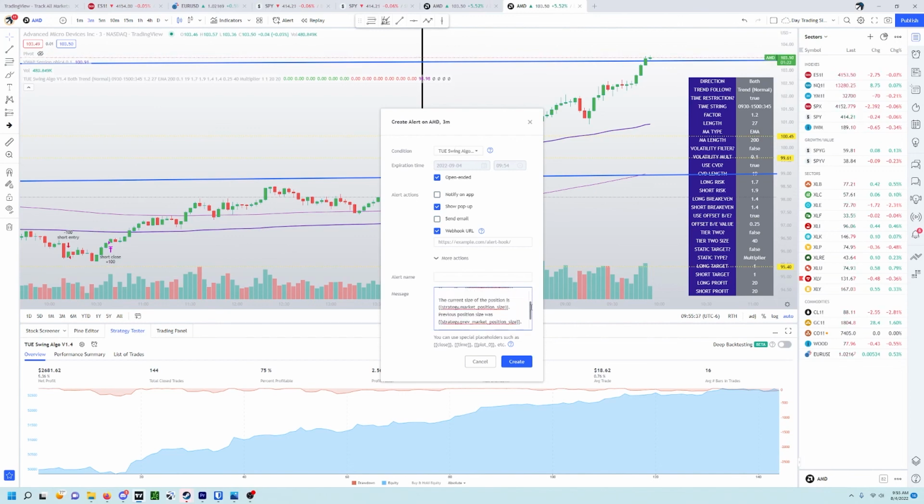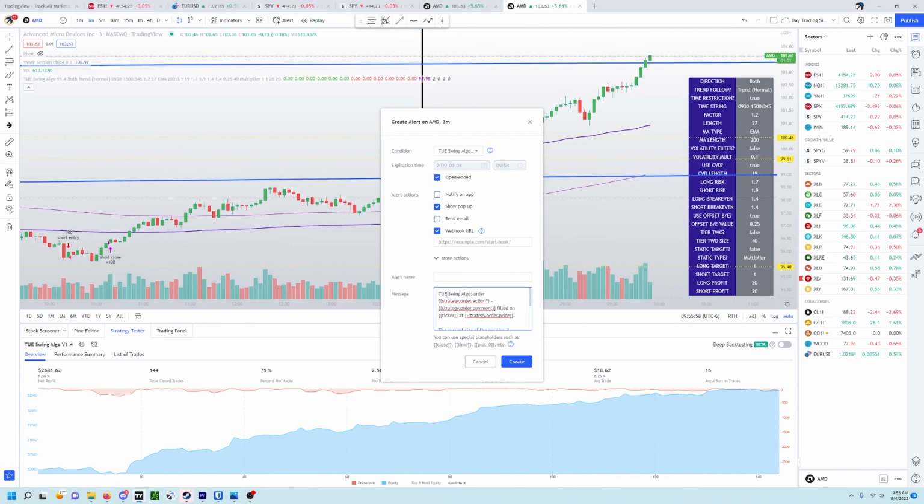If you are using this with the automated trader through the webhook, then you'll be able to copy and paste something out of the program for this. It'll be a more generated message, and that will be explained more fully in the instructionals for that program. It's just a little bit beyond what I've got here.